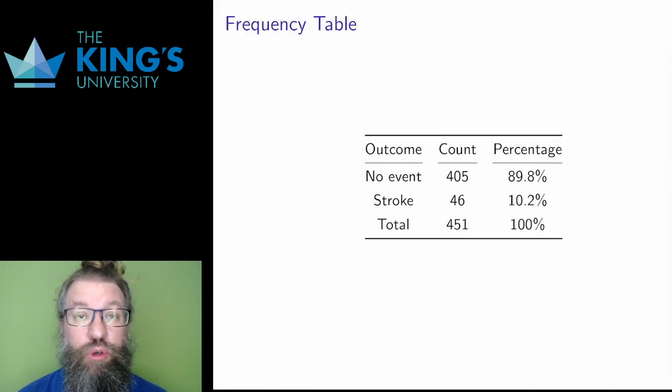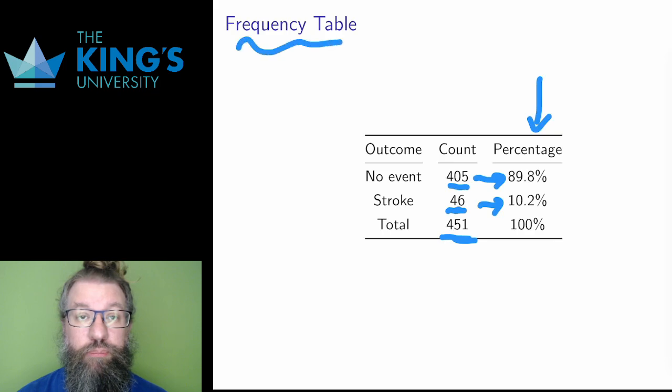These counts could also be represented as percentages. The total is 451, so 405 divided by 451 is 0.898, or 89.8% of the 451. Likewise, 46 calculates to 10.2%. This is still called a frequency table.